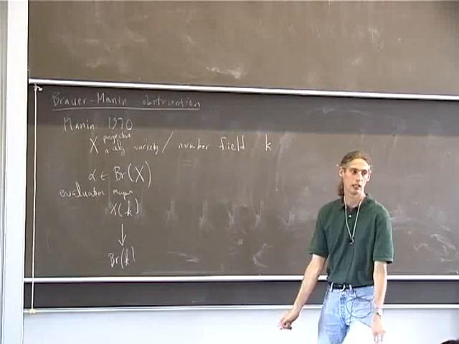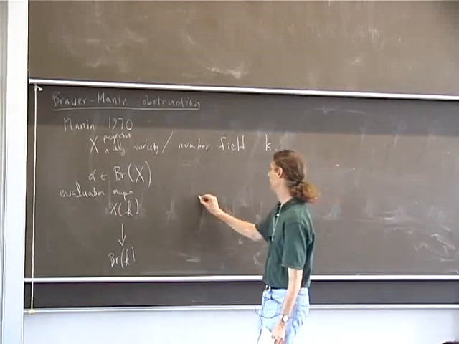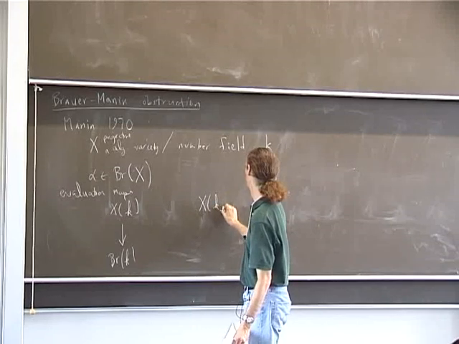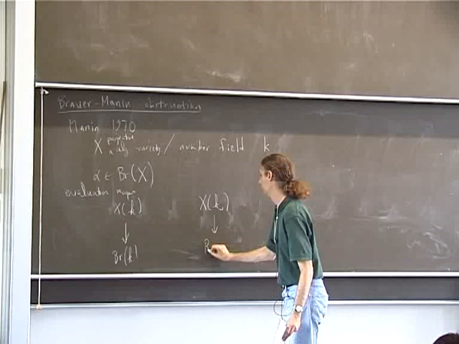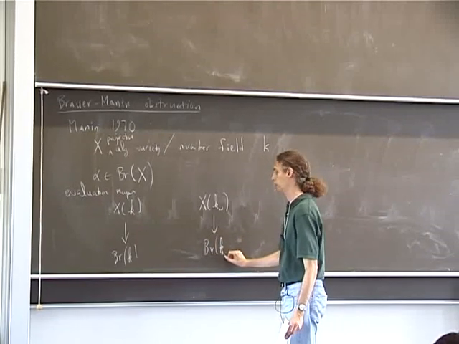And there's a similar thing at all the completions. So if you have a place nu, then the k nu points upon evaluation give you elements of the Brauer group of the completion.